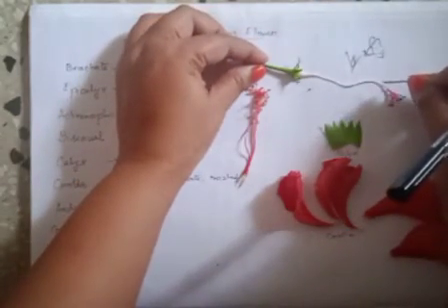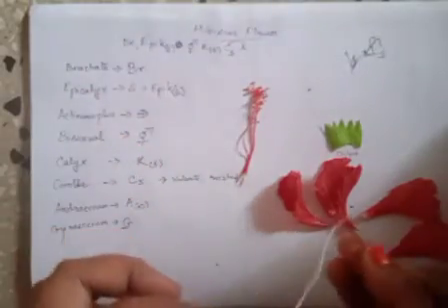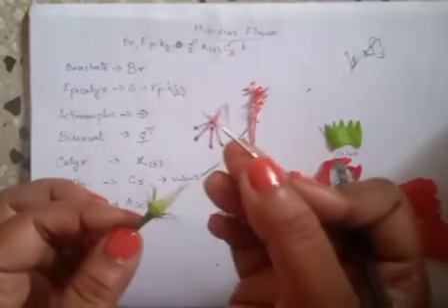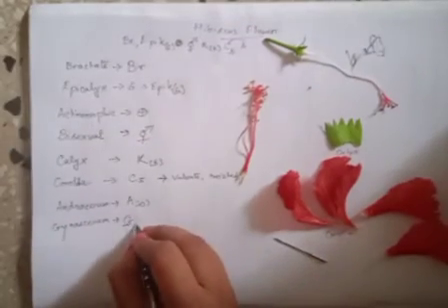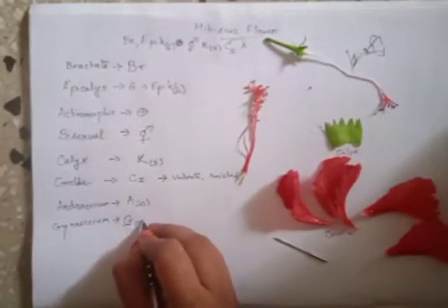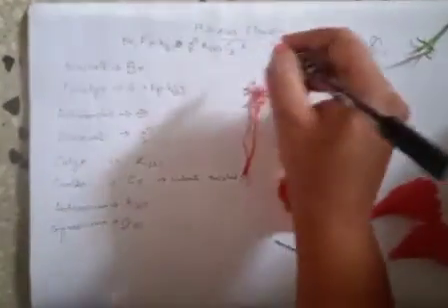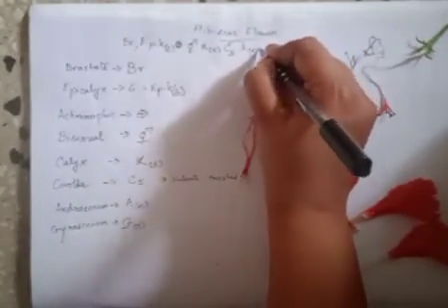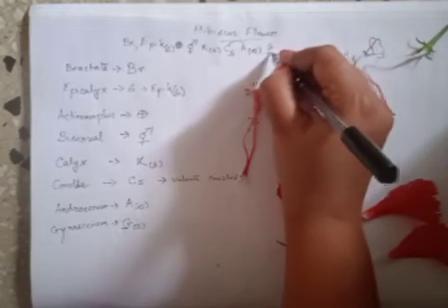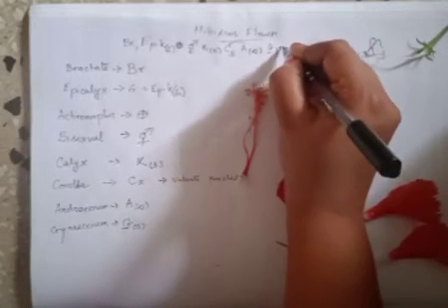See, 5 stigma present here. There are 5 in number. So this is a stigma. That is again fused. So in the bracket I can always write that androecium is infinite and superior ovary, I have 5 fused.